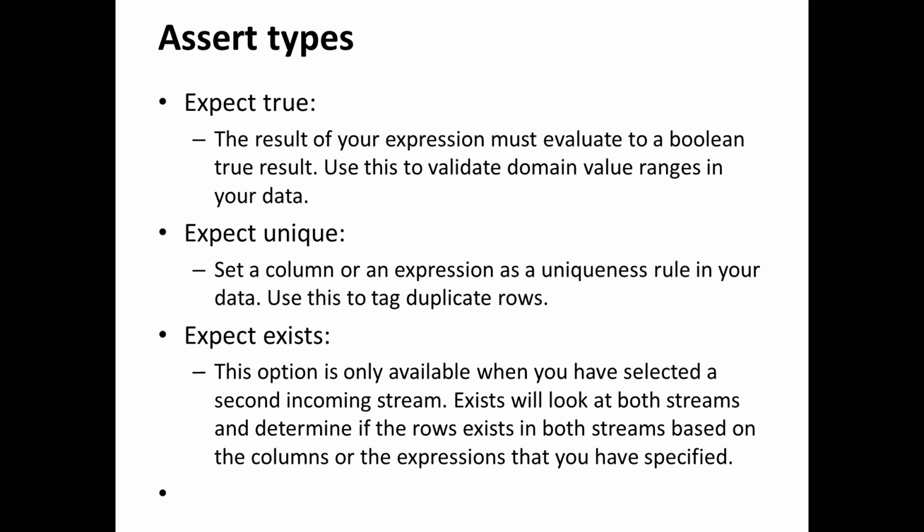Similarly, expect unique, based on a set of columns or expression, will identify whether the data has unique records or not. Okay, so expect exists is another kind of reference option. We already discussed. For example, I have employee data and I have a department data, right? Certain employees are not assigned to a valid department.